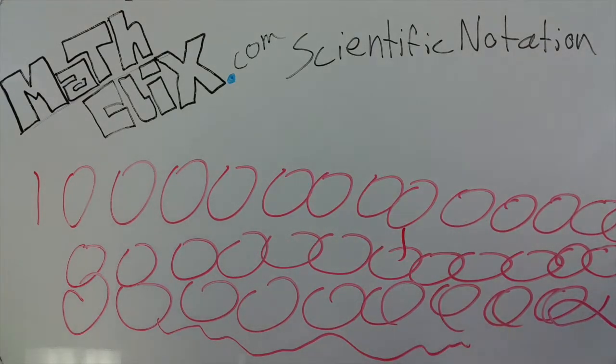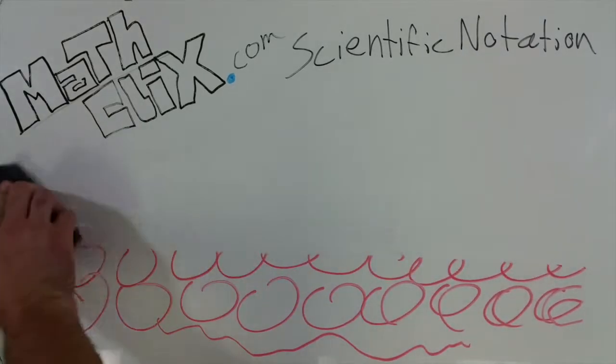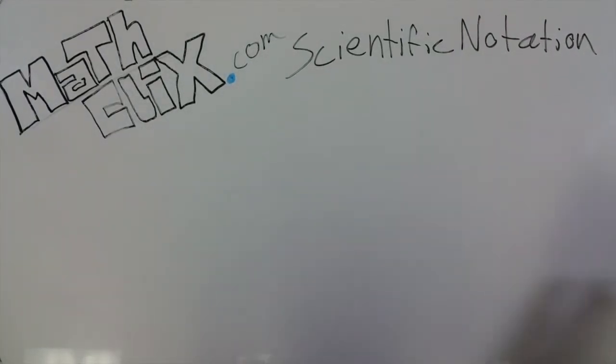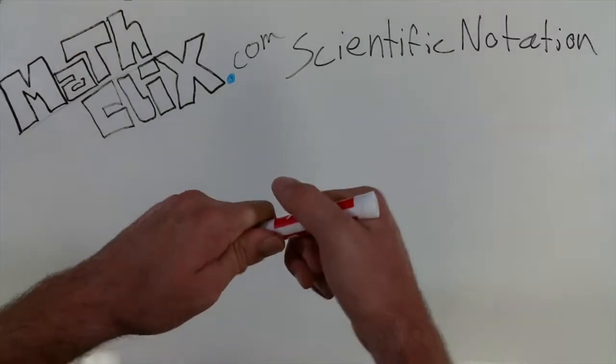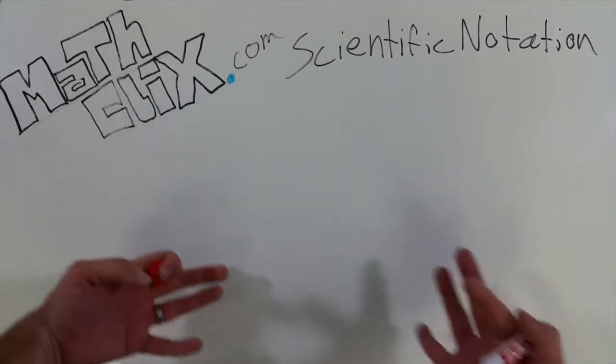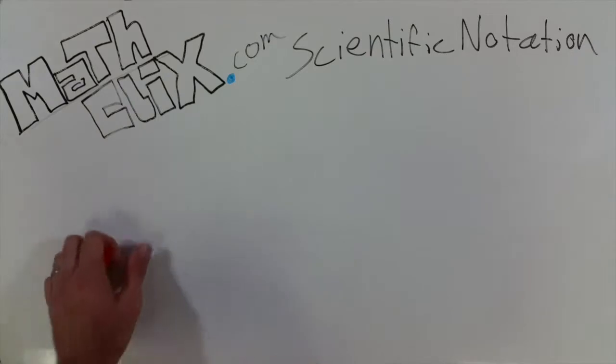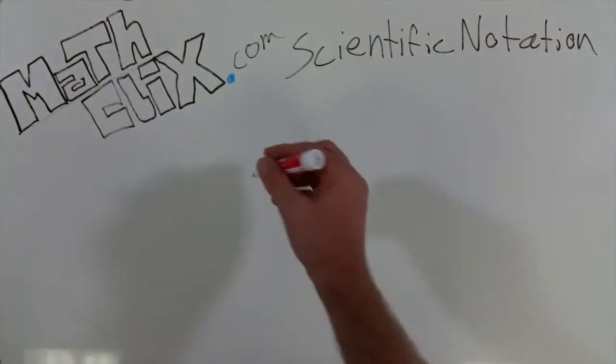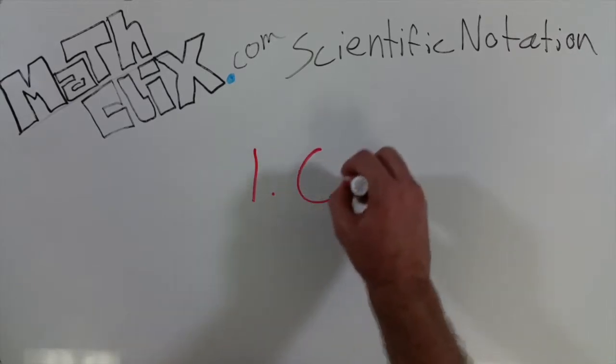There's got to be a better way. There is. It's called scientific notation. So, that was a really long and arduous number. It just went on forever. Well, we could just kind of turn that into this.